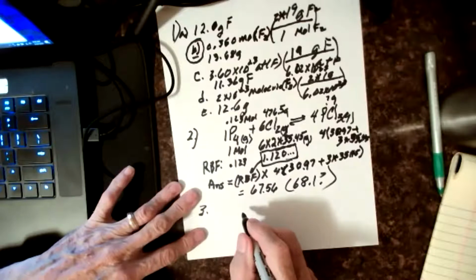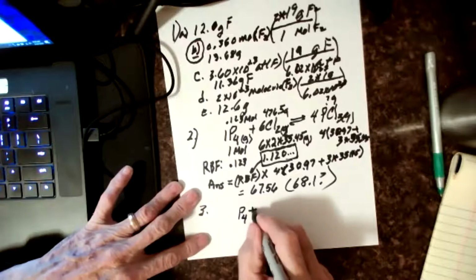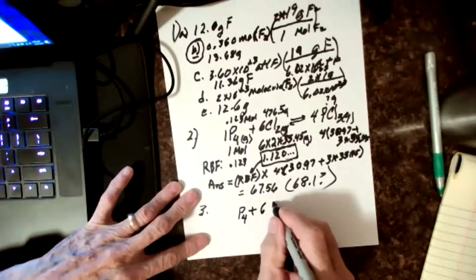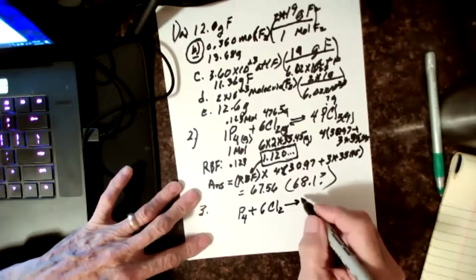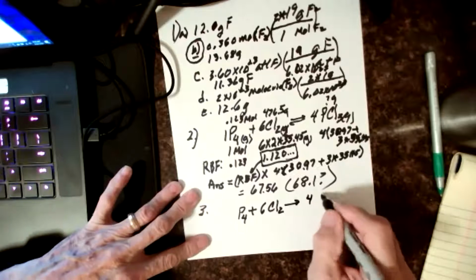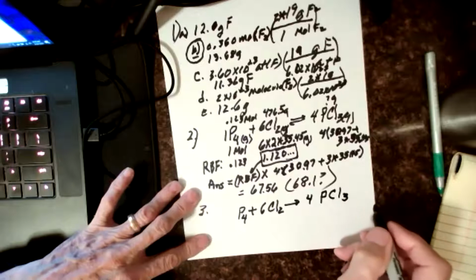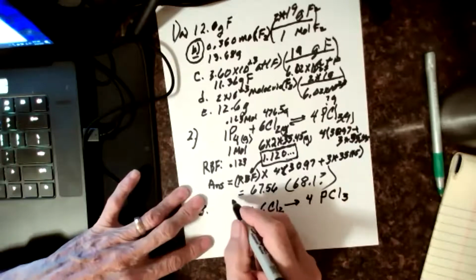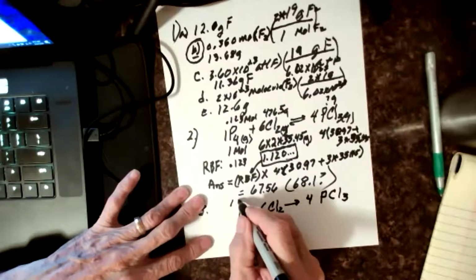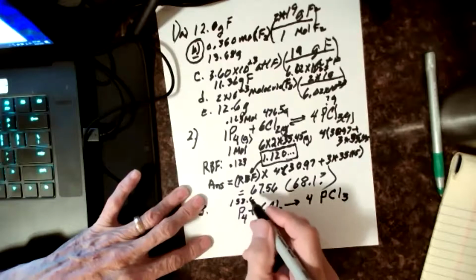Number 3, I've got P4, and I've got 6 Cl2s, and I'm going to go to 4 PCl3s. And this time it is limiting reagent. I've got 158.6 grams of this.